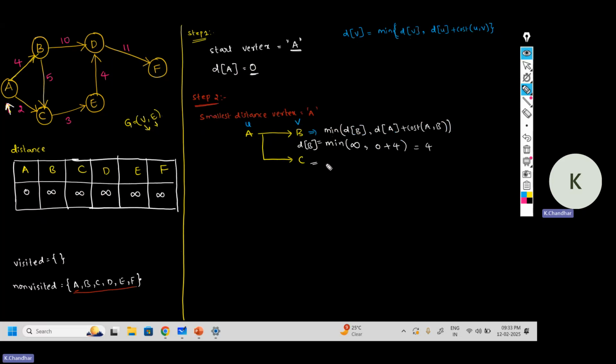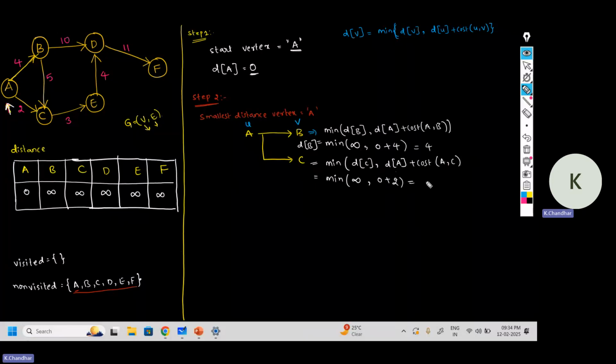Similarly, I am going to write the minimum value from distance at C or distance at A. What is the U here? U is nothing but A plus cost between A comma C. So I am going to write minimum, distance at C right now is infinite, comma distance at A is 0 plus cost between A comma C is 2.